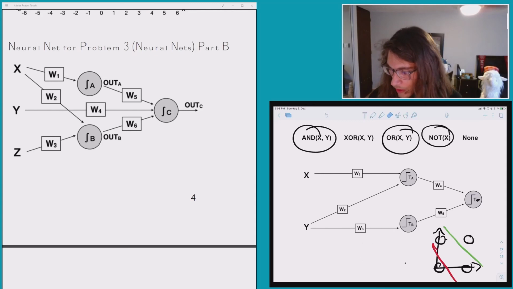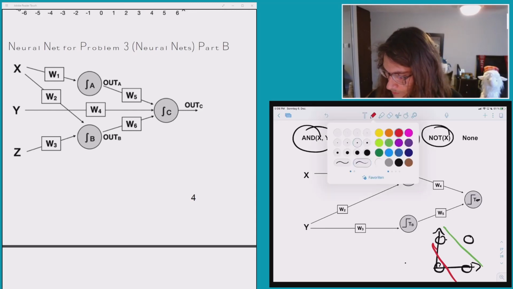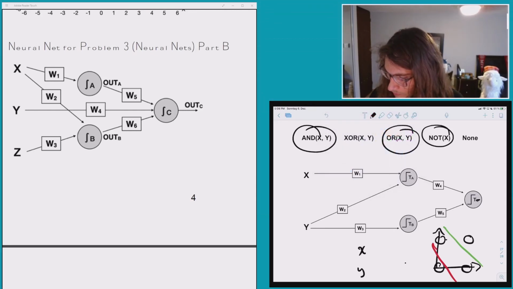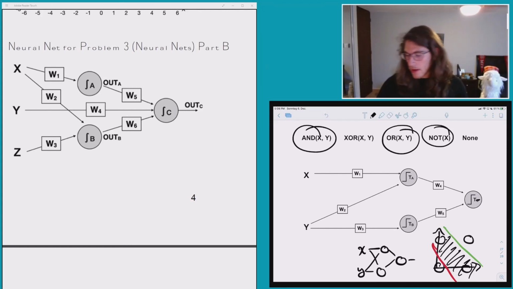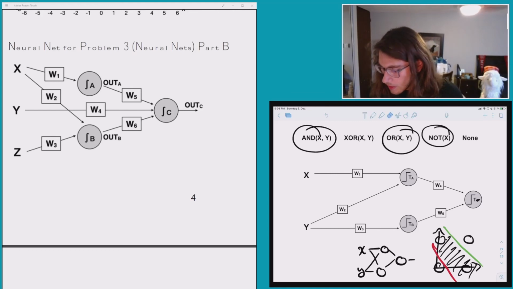I'm going to redraw it here. This neural network was able to draw two lines and shade this area correctly. But now we're looking at not exactly this neural network, we're looking at a cut down version. So we're looking at this.